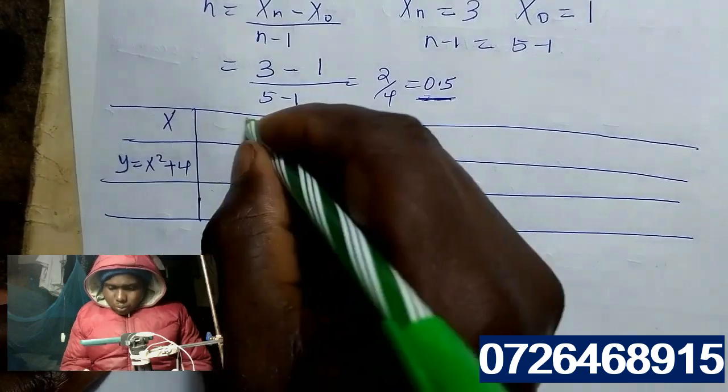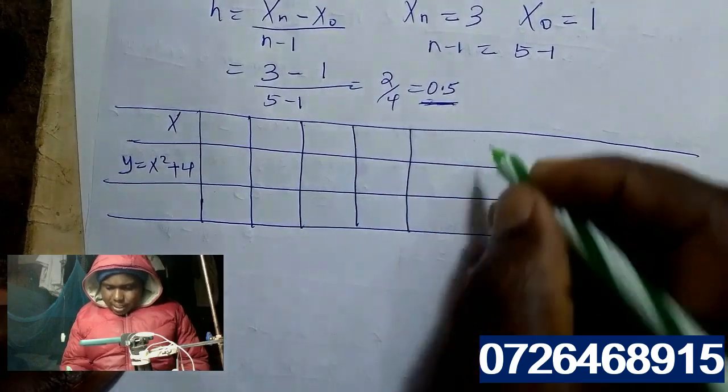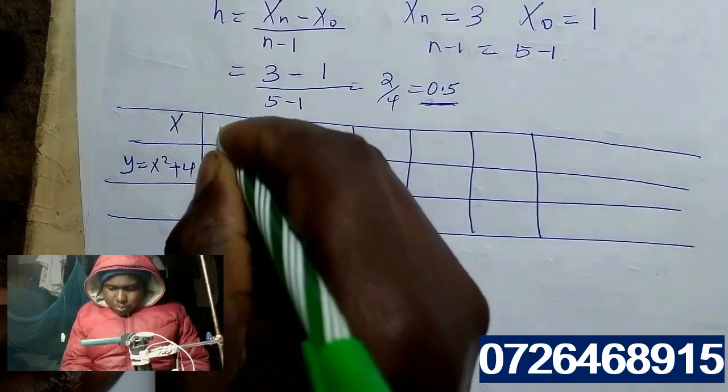Now we have the values of x. We start from 1, that's where we are beginning.